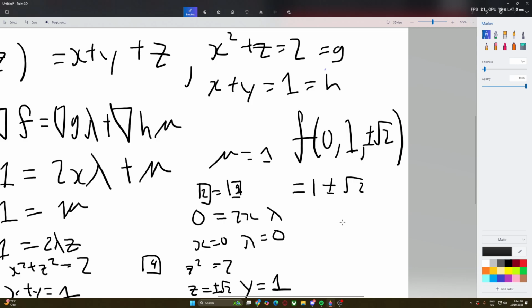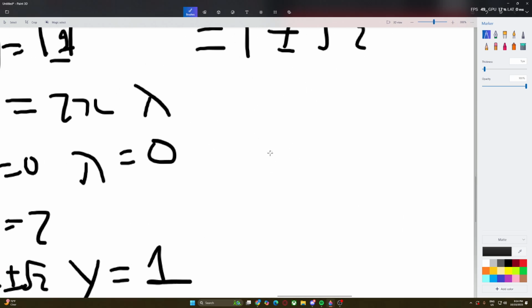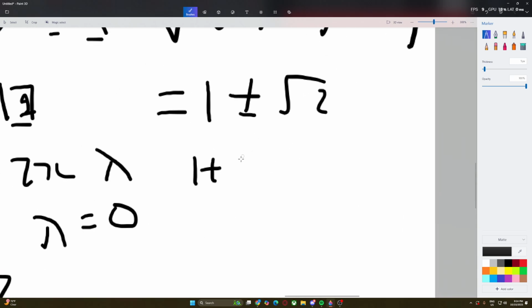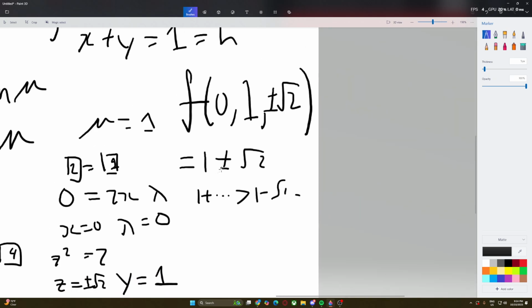We only consider the answer here. And because 1 plus something is greater than 1 minus that thing, that should mean 1 plus square root 2 is the absolute max, and 1 minus square root 2 is the absolute min.